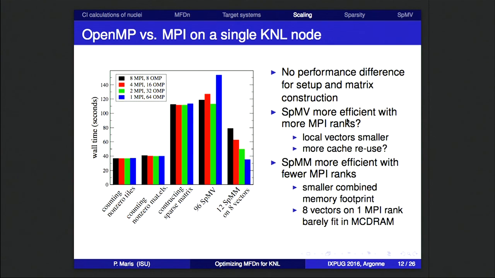Then you can allocate the memory for the actual matrix, and you construct the matrix. The actual SpMV or SpMM, you do see a difference. And what we actually want to do in practice is an SpMM on 8 vectors typically, or maybe more. And for that, the 1 MPI rank per node is most efficient.